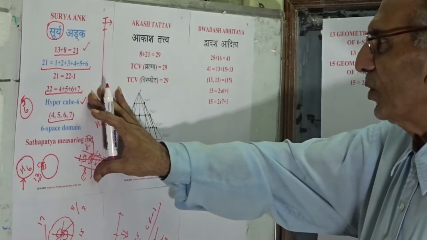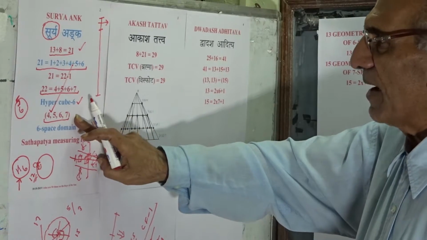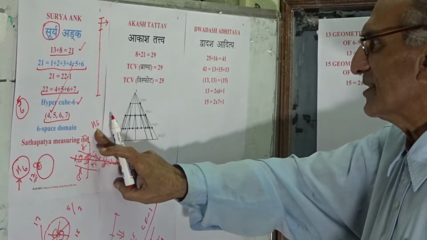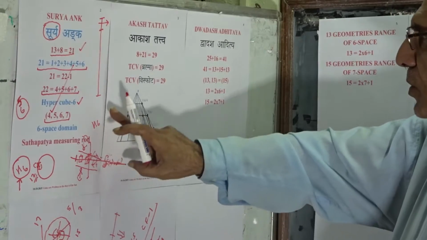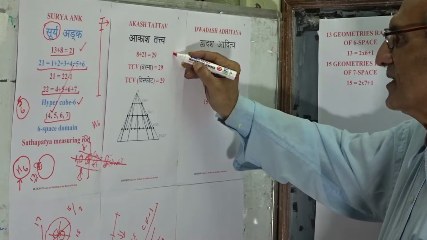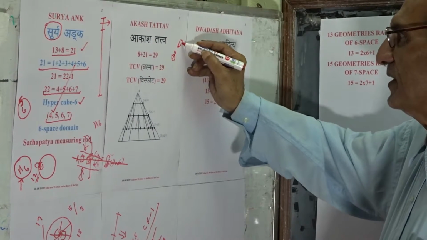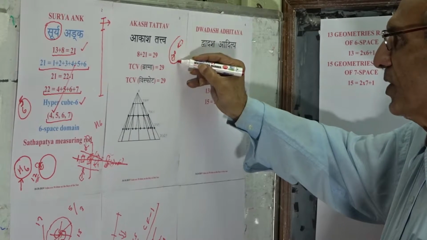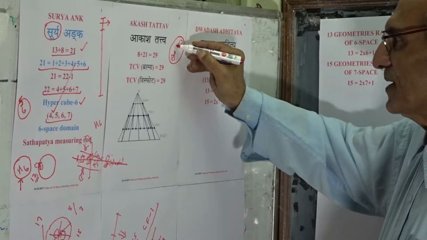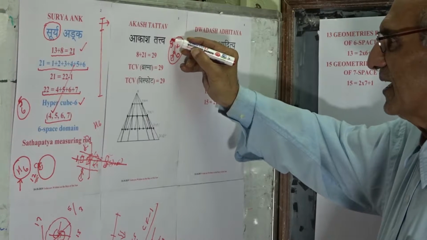Now here we know that 4 space is playing the role of dimension of a 6 space. Now this 5 space means 6 space as a domain. It is enveloped within a transcendental boundary, means 6 space content is enveloped within a 5 space content.